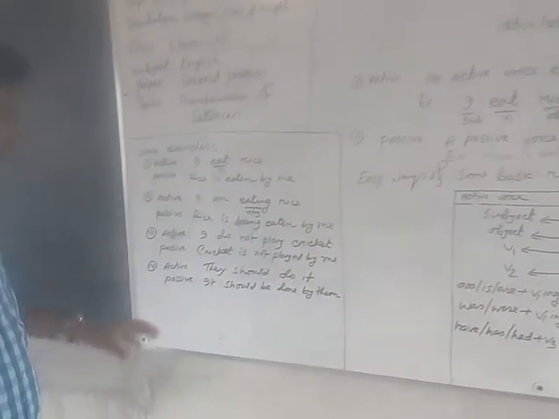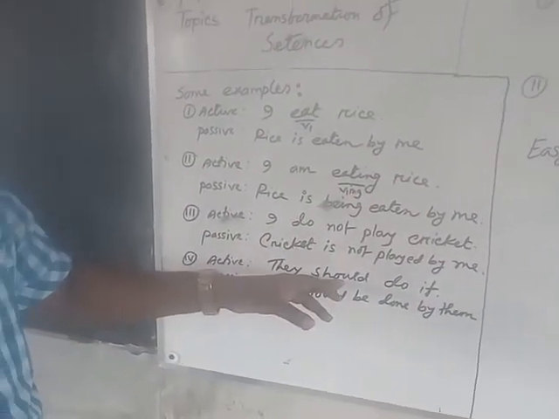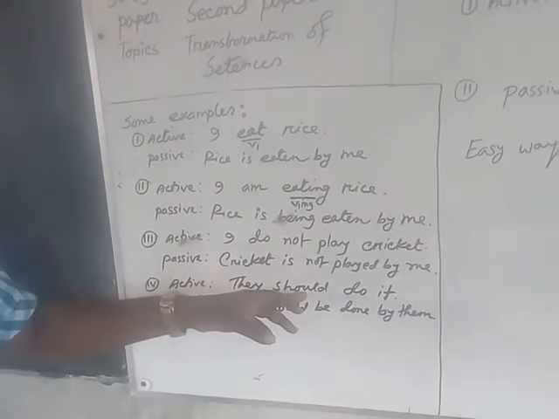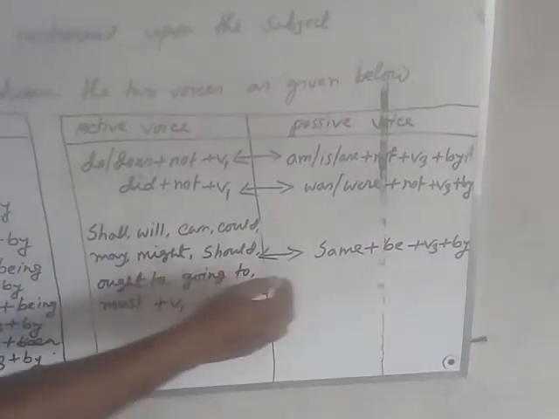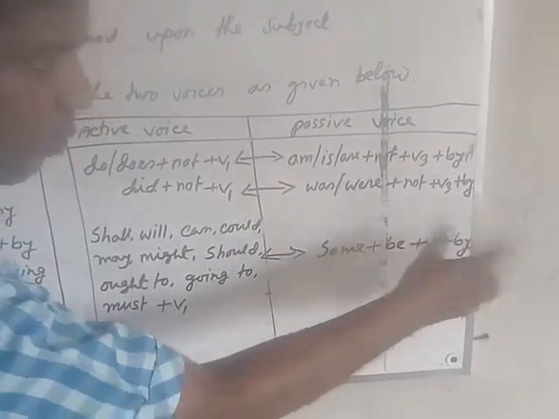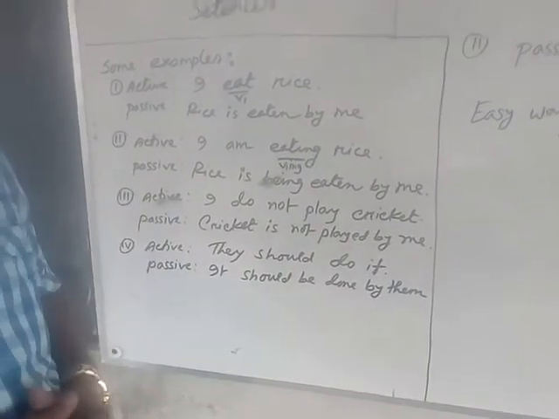And the last example is: They should do it. It is a modal auxiliary verb. That is the formula: modal auxiliary plus V1. Here it will be changed into modal auxiliary plus be plus V3 plus by. Please look at the board. They should do it becomes: It should be done by them.